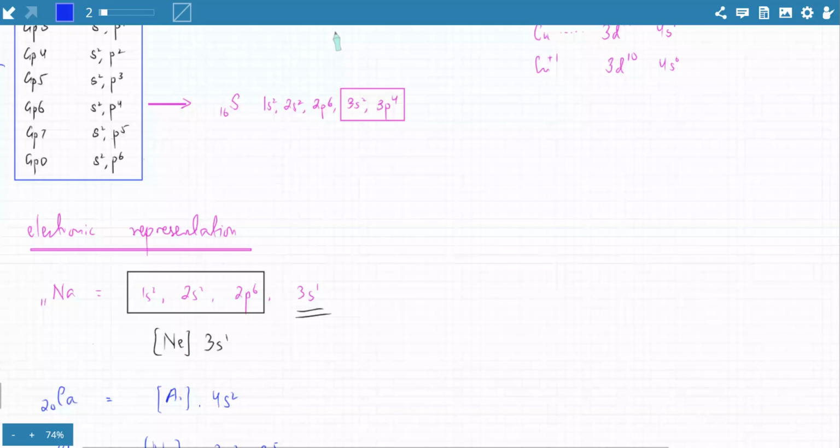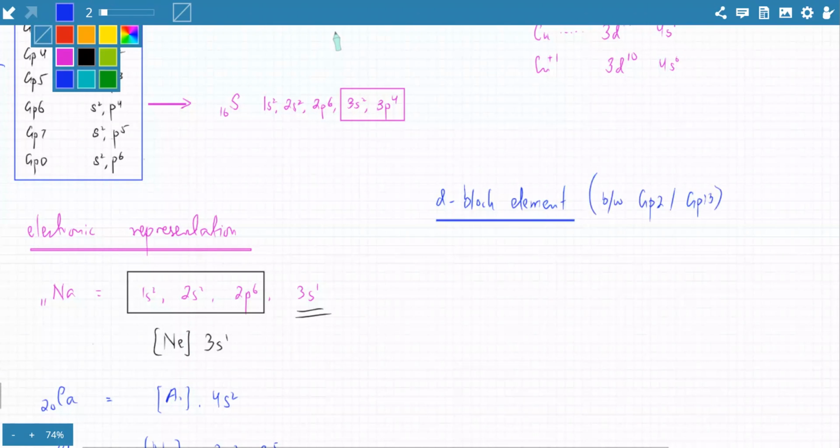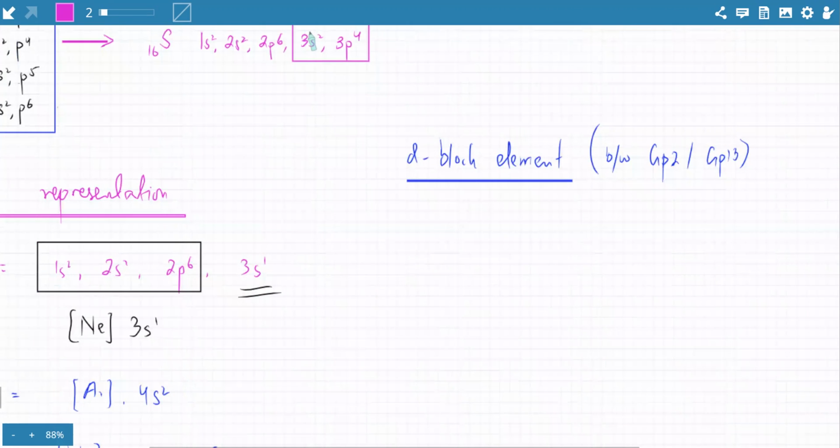The d block elements are the elements between group 2 and group 13, which are often referred to as transition metals, although about 90% are transition metals, not all of them.